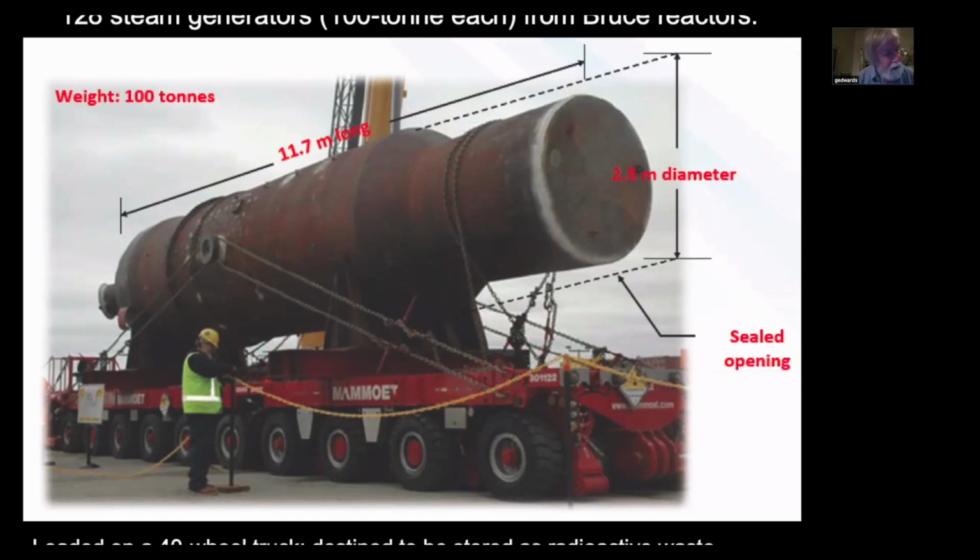And those are going to become radioactive waste. So they're going to have to be stored somewhere. Right now, they don't have a repository for these wastes. As you know, OPG wanted to site a repository and was forbidden from doing so because of the lack of consent from the Saugeen Ojibwe Nation.